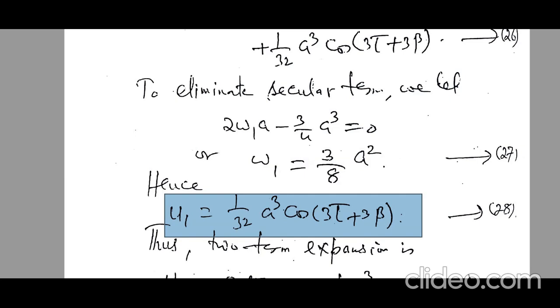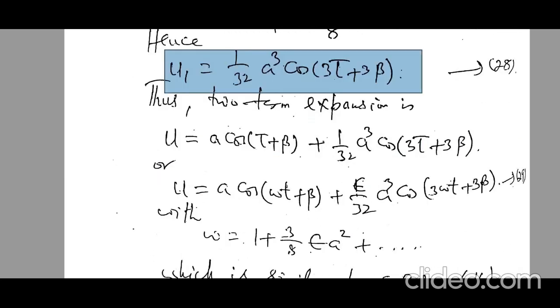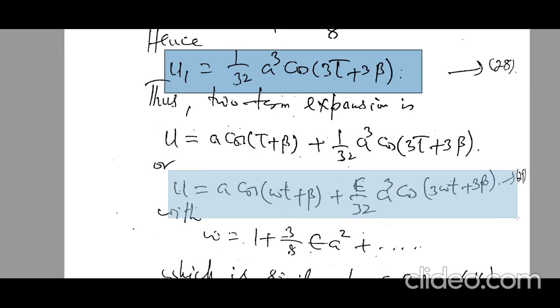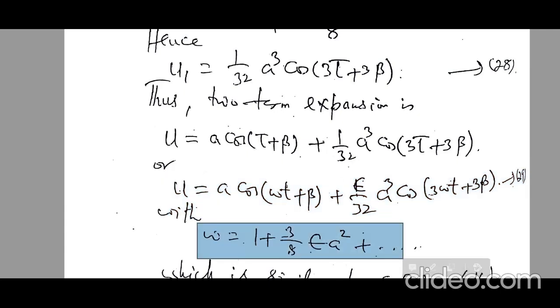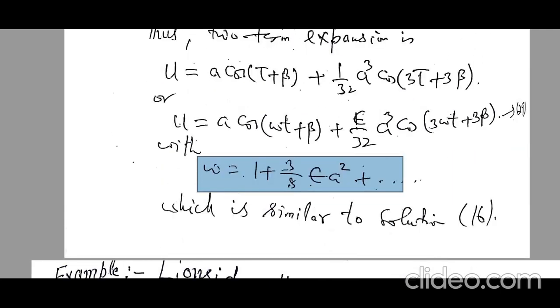Hence the two term expansion is given by u is equal to a cos omega t plus beta, equation number 29, plus epsilon over 32 a cube cos 3 omega t plus 3 beta, where omega is given by 1 plus 3 over 8 epsilon a square, which is again similar to the solution 16, which we have obtained earlier.